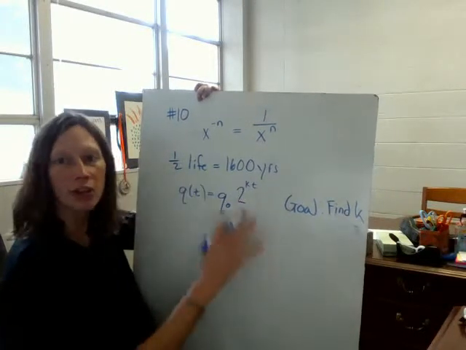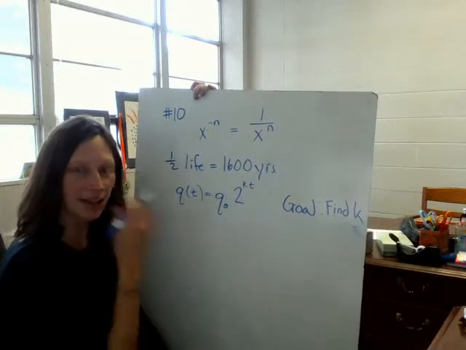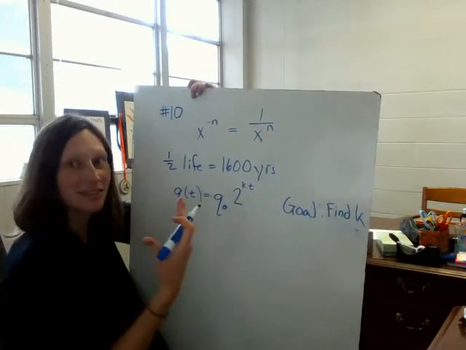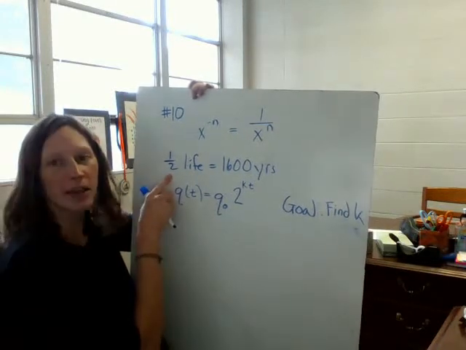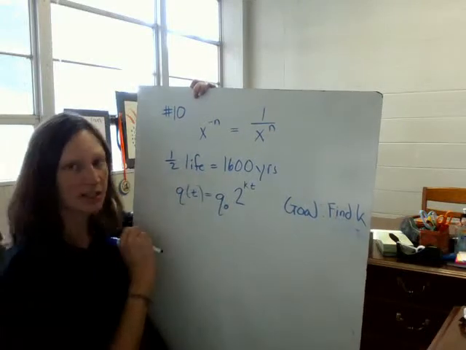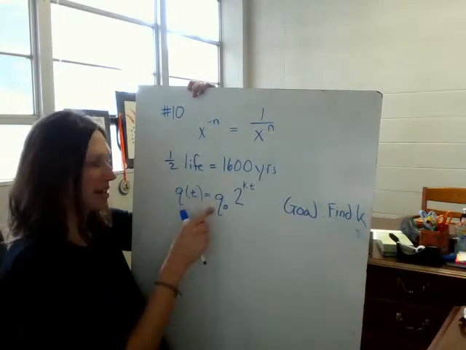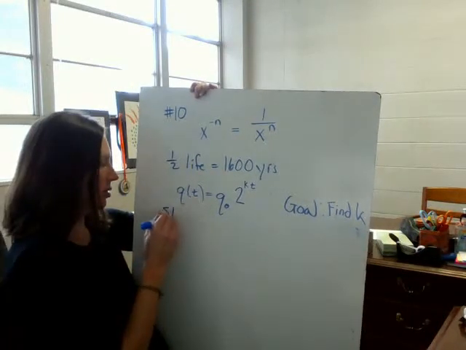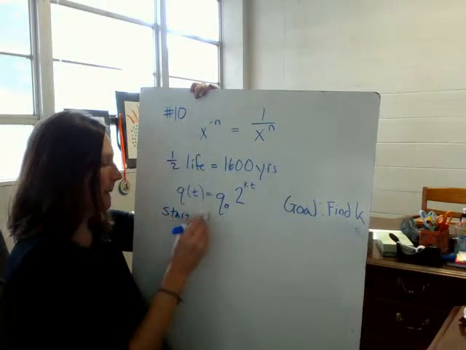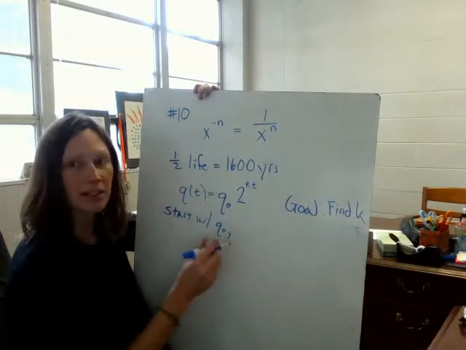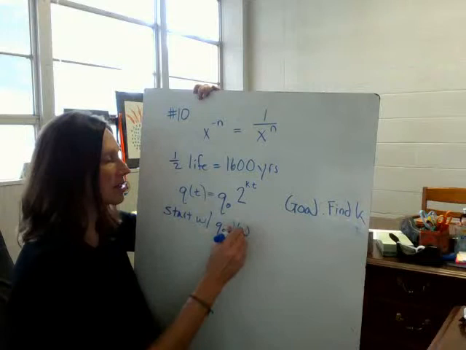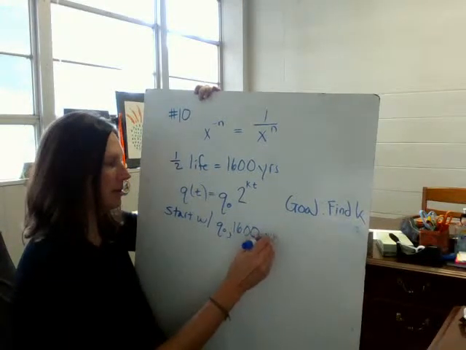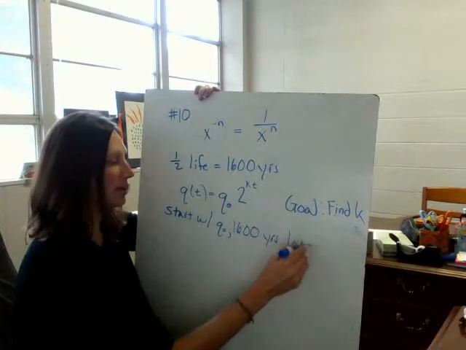Okay, but look at all those unknowns floating around there. That's a lot that we really don't know what to plug in. So I'm going to come back here and say, okay, if I know the half-life is 1600, and I know I start with Q naught, so let's record that. Start with Q naught. Then 1600 years later, how much is left?